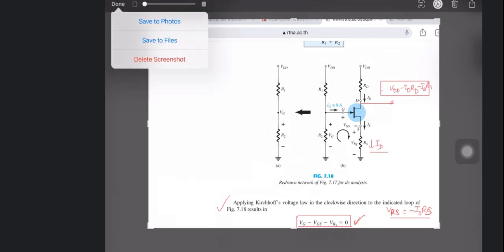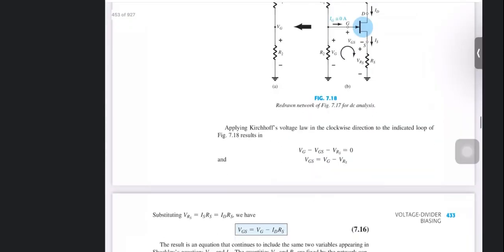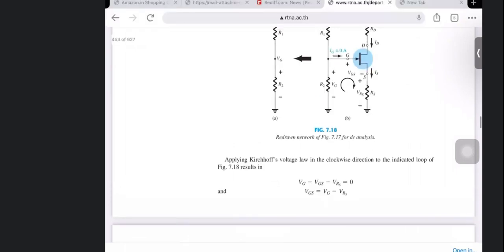So this is something what you are getting. Okay. So this is about voltage divider biasing. VGS we know.